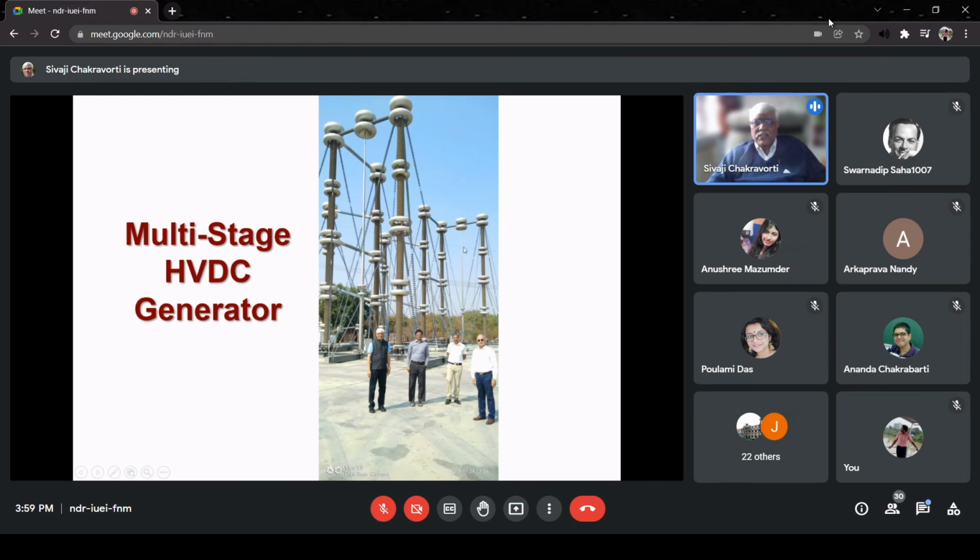That generator always gives you some other image in your mind, that there will be a machine or something. But no, it's just a capacitor diode configuration. As you can see here, these double rings, they are the stress shields or corona shields, and in between these double rings, we have the diodes as well as the capacitors.